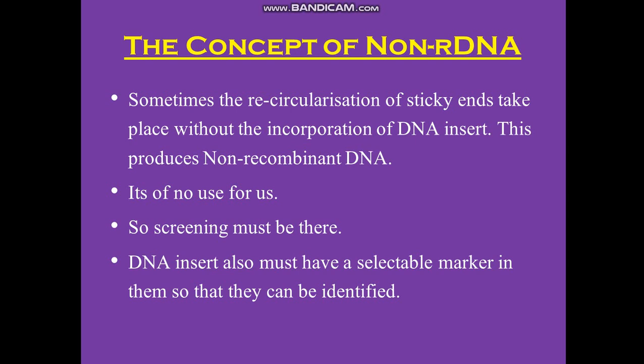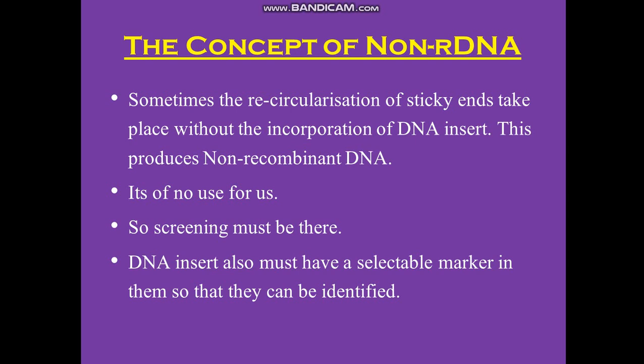Clear? So here a selectable marker should be present in the DNA insert, or the DNA of interest, also, so that we can recognize that this particular recombinant DNA has the DNA insert and these do not have. So that makes a very important concept. That is a very important point.